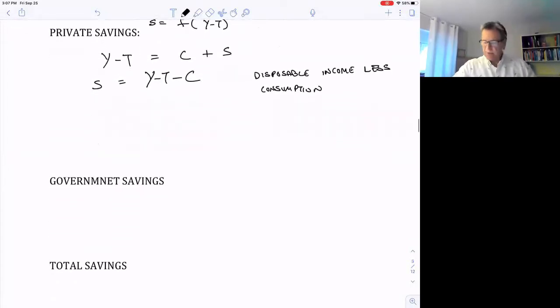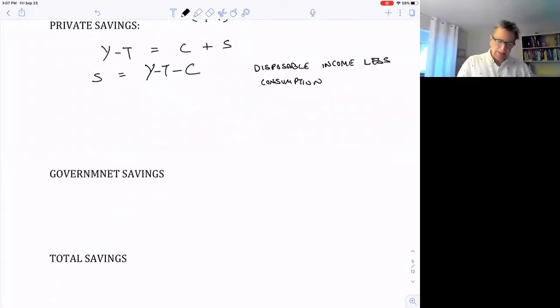Now, what about government savings? Does the government save any money? Well, it's defined here that government savings is taxes minus their spending. So if the government runs a surplus, the amount they collect in taxes is greater than what they're spending, that's defined as savings.